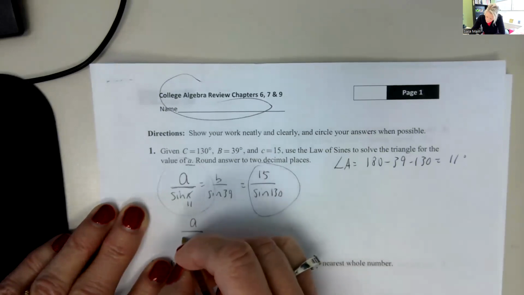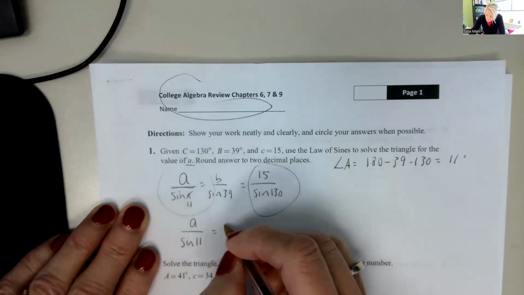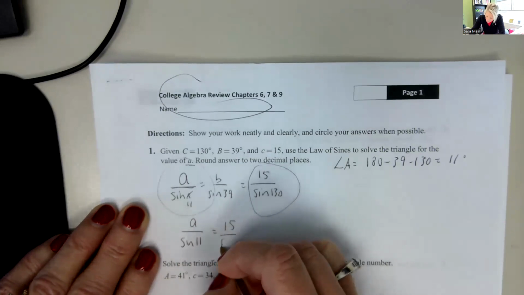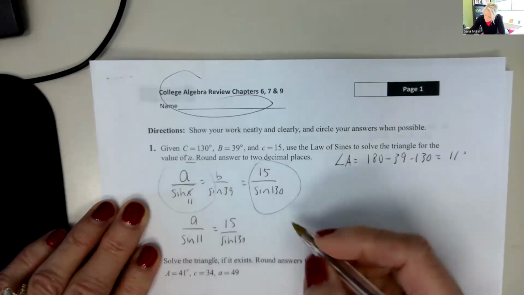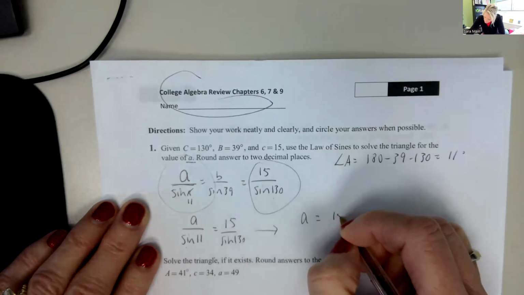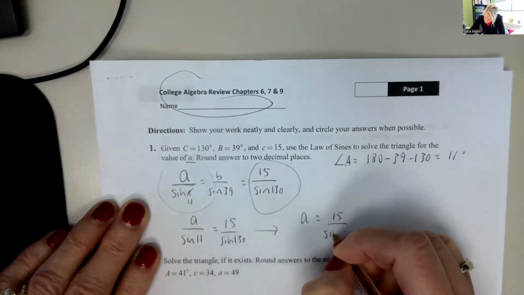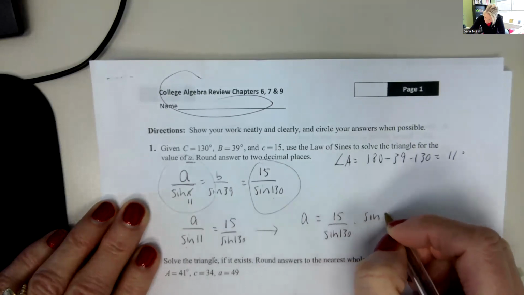So A over the sine of 11 is equal to 15 over the sine of 130. And so I'm going to multiply both sides by the sine of 11. So side A will be equal to 15 over sine of 130 times the sine of 11.